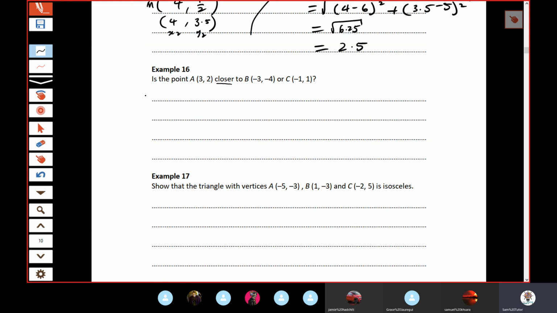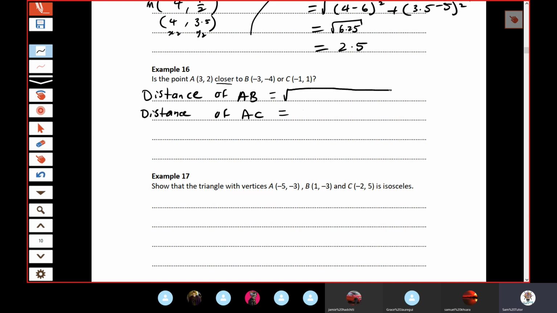So what you've got to do is find the distance of AB, find the distance of AC, and then obviously you'll know. If the distance here, let's say, was 5 and the distance here was 4, you would say, well, the distance of AC is smaller than AB, so A is closer to C than it is to B. So let's have a look. Let's find it out.